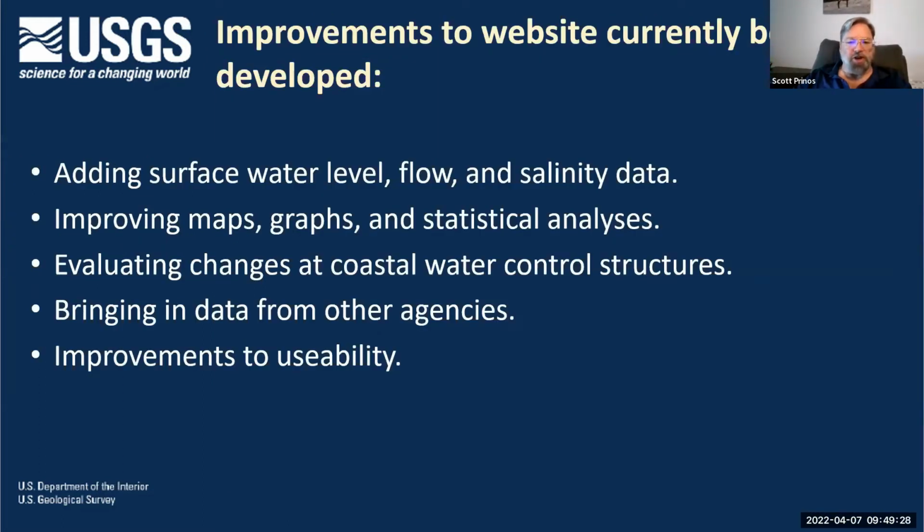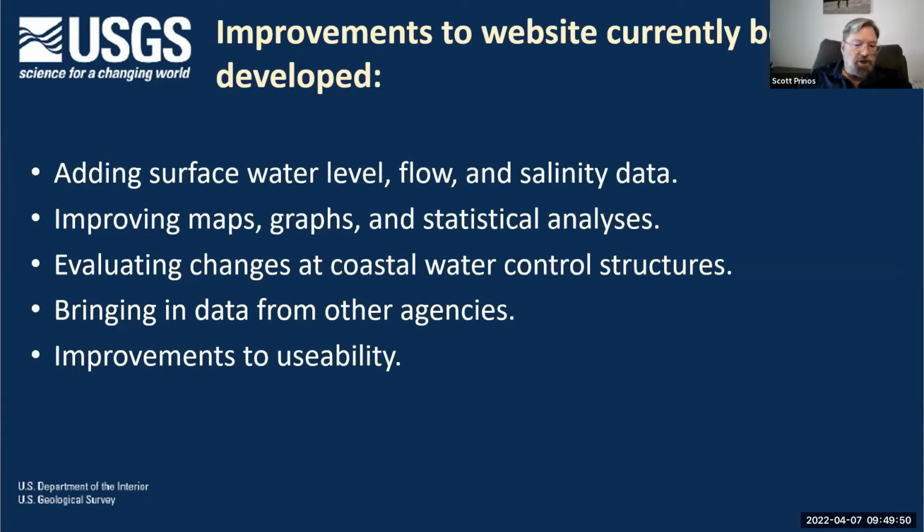Improvements to the website currently being developed include adding surface water level, flow, and salinity data to the water level and salinity AnalysisMapper website, which currently only includes groundwater data. This is going to create a new website.